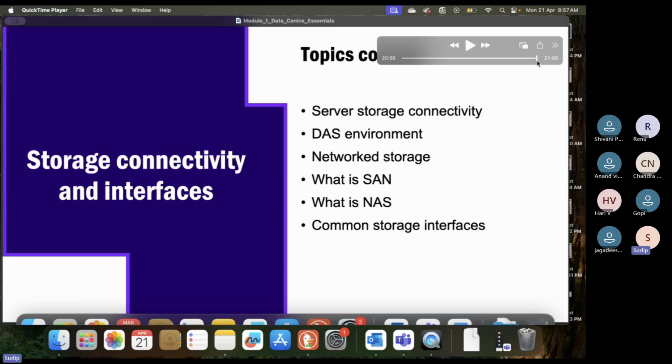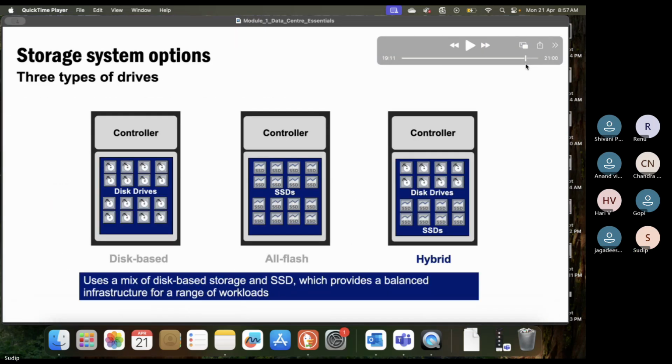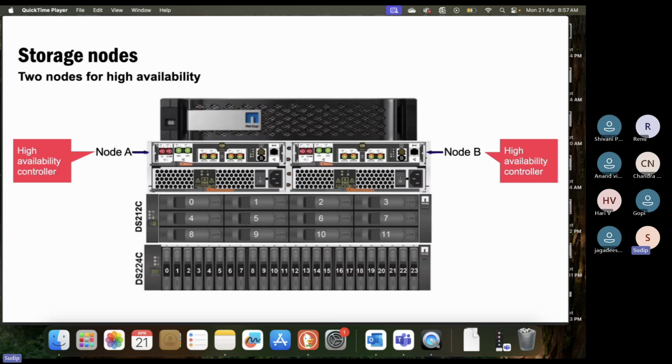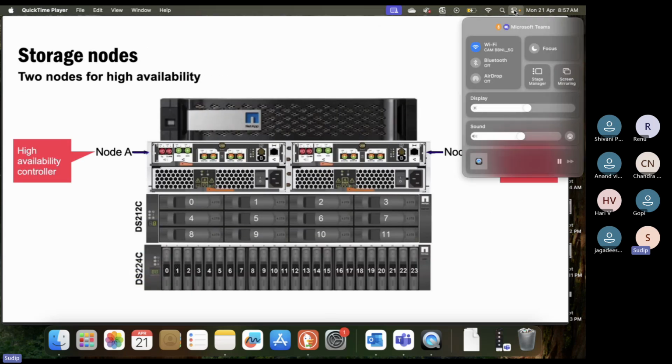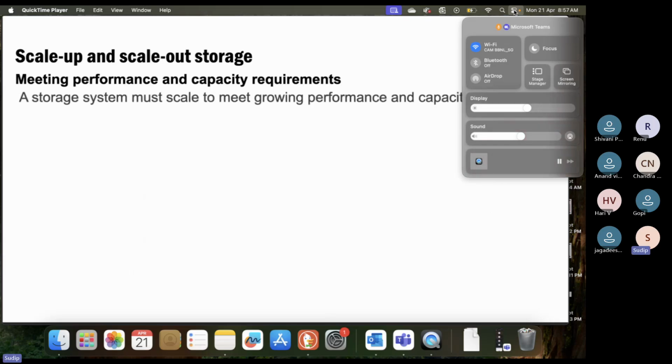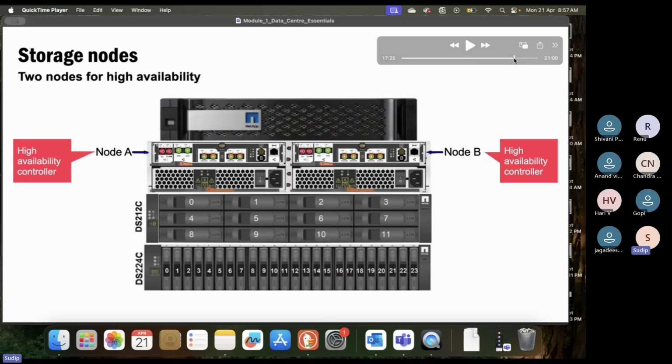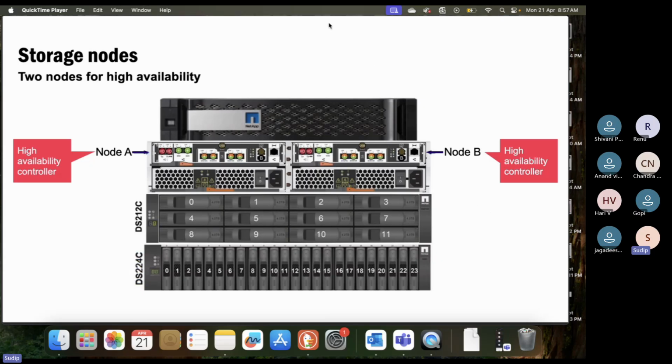Now, before we move on, let me go back to this particular diagram. Just hold on a second. Let me try to magnify this. Or just hold on, let me find a spec sheet of NetApp. Just wait.